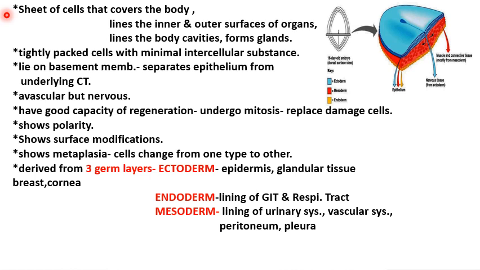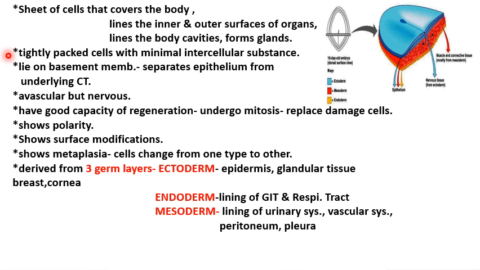Epithelium is a sheet of cells that covers the body, lines the inner and outer surfaces of the organs, lines the body cavities, forms the glands, and lines the hollow structures, the ducts, all these things. Any hollow structure in the body is lined by epithelium. And the cells are tightly packed with minimal intercellular substance.